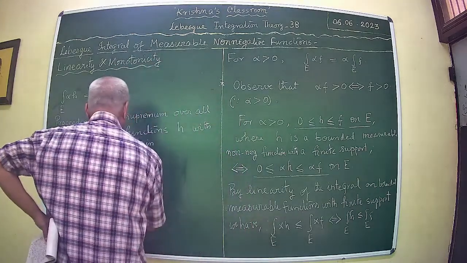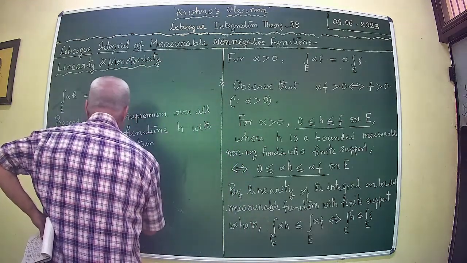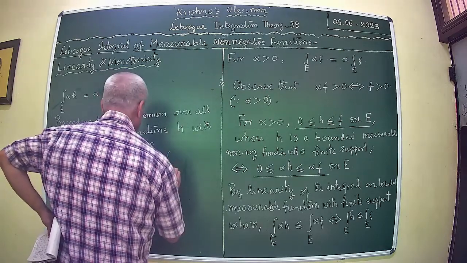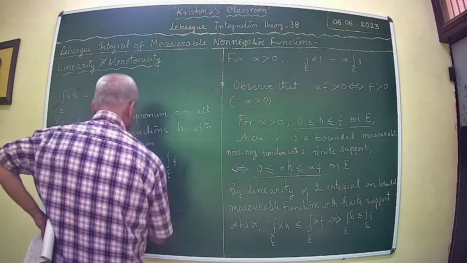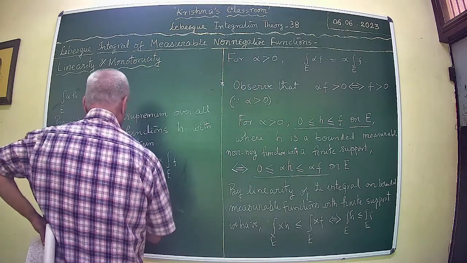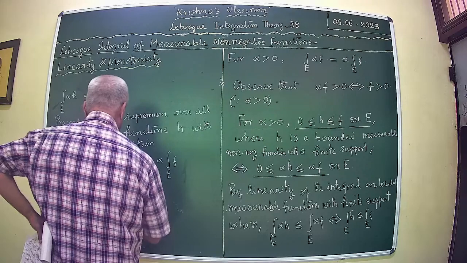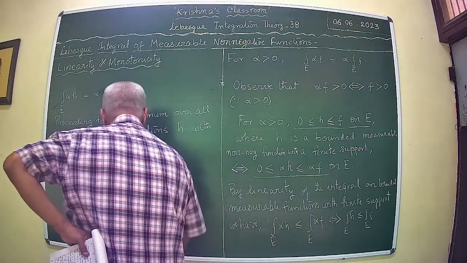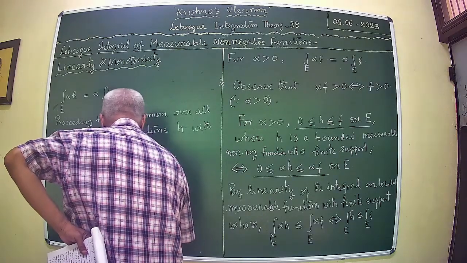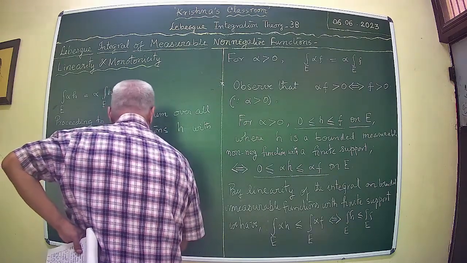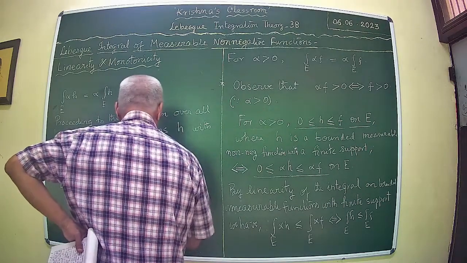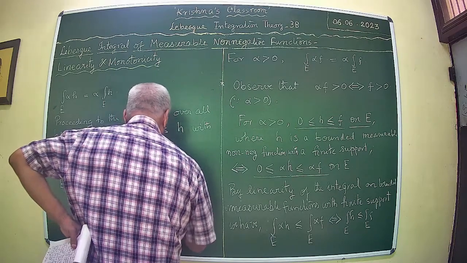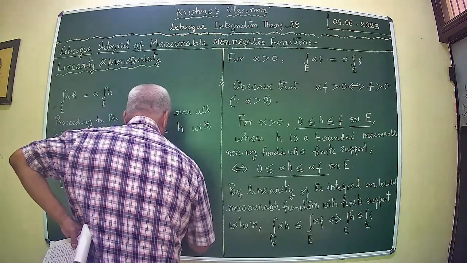We have the integral over E of alpha h. If we take the supremum over h, the equality remains, and what you get here is the same as taking the supremum over h here.